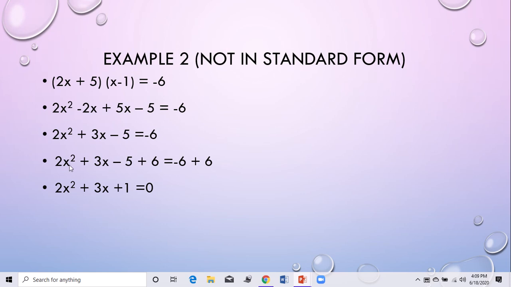So the final answer here will be 2x squared plus 3x, negative 5 plus 6 is positive 1, equals 0. So this is now in standard form. So all we have to do is to get the values. So you have a equals 2, b equals 3, c equals 1.